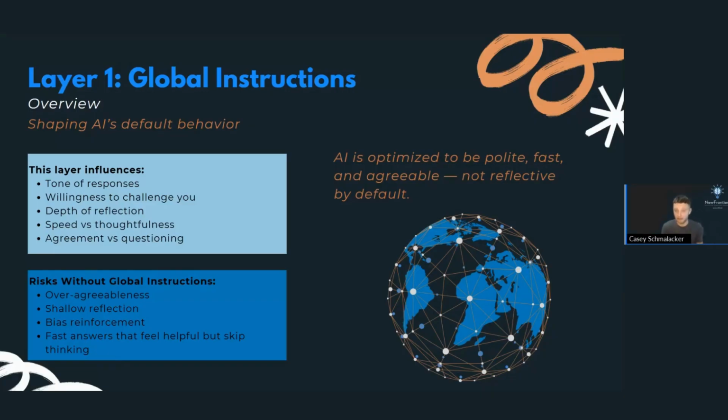It is not challenging by default. It is not going out of its way to mitigate what might be blind spots for each user because each user is different. So the base settings that you find are going to be polite, fast, and agreeable. But if you're someone like me who might believe that I'm always right, I actually seek out being challenged. So these base settings do not work for me. They don't challenge my biases.